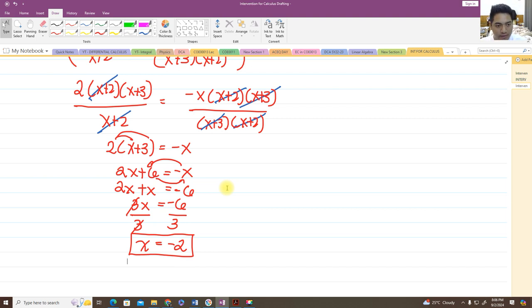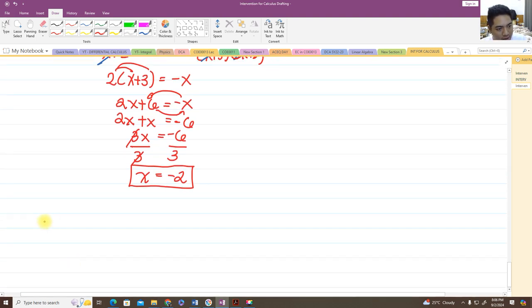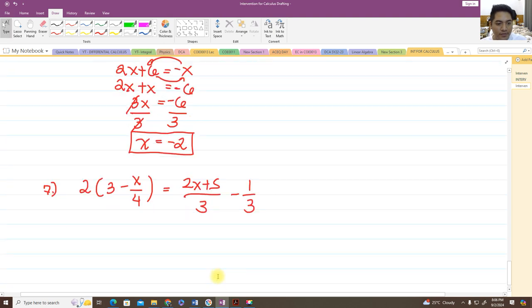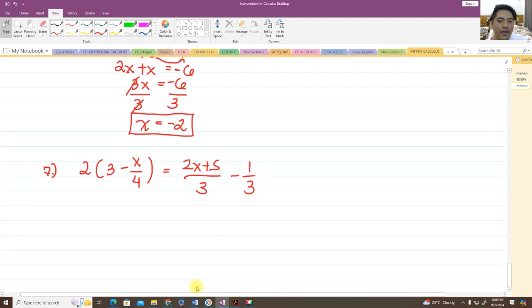Right. So for number 7, we now have 2 multiplied by 3 minus x all over 4 equals 2x plus 5 all over 3 minus 1/3. Okay, before I get the LCD, I have to rewrite the right side of the equation as 2x plus 5 since they have 3 the same.